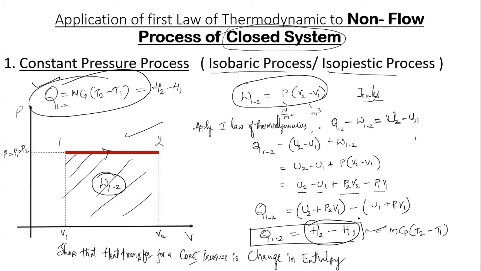Remember this, H2 minus H1 is nothing but mCp. Cp corresponds to change in specific enthalpy divided by T. Cp is always connected to the enthalpy. Therefore, H2 minus H1 is mCp (T2 minus T1). Therefore, Q1 to 2 for a constant pressure process can be written as mCp (T2 minus T1).